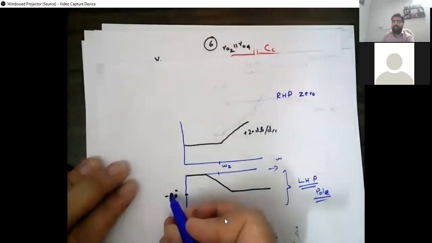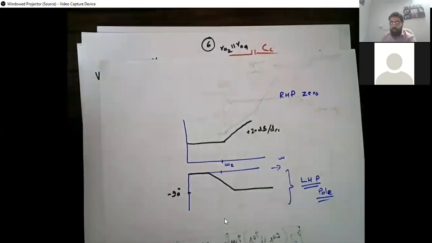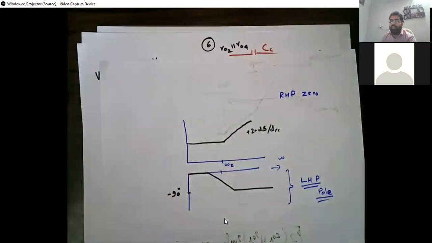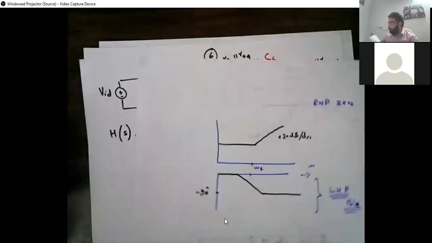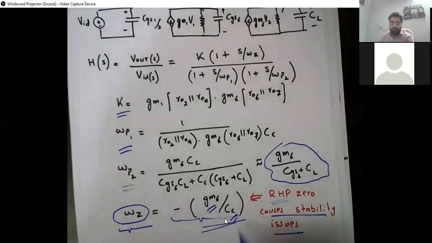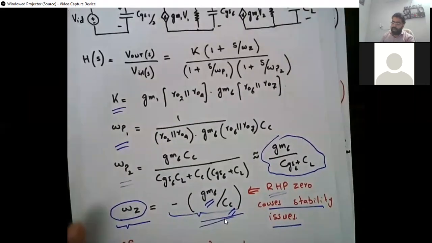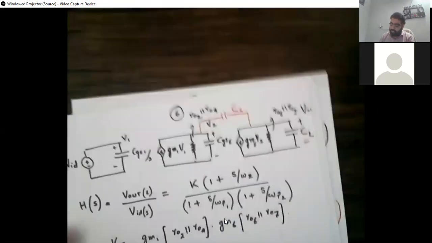Because of adding that compensation capacitor, we're also having a zero, which is becoming dominant now. That dominant zero is affecting the stability of our design. So we have to be careful about that zero too. How can we be careful? Basically, by adding a compensation resistor here.